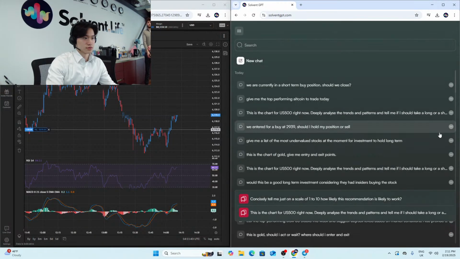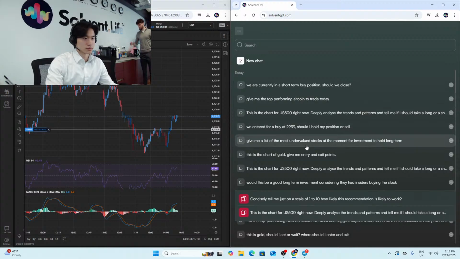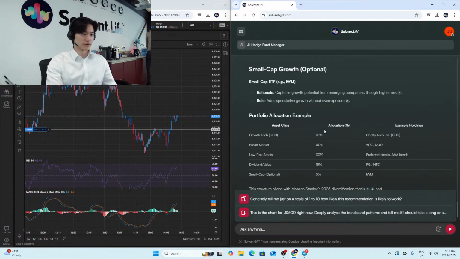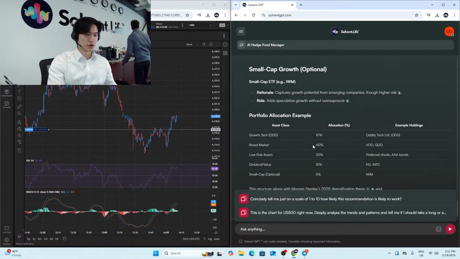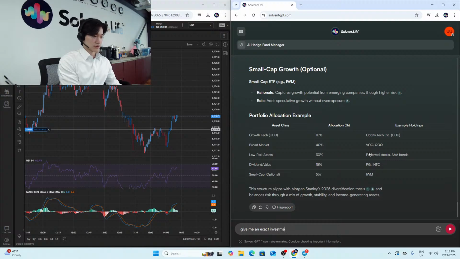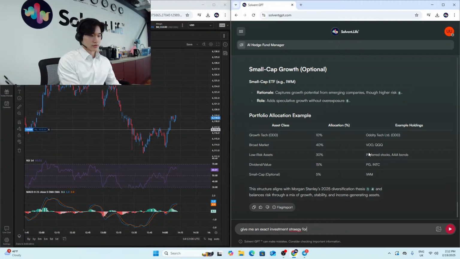But I'm going to circle back around to where we asked the GPT for undervalued stocks. And this portfolio that it gave us, with an allocation of a majority in the broad market, we're going to ask it, give me an exact investment strategy for this portfolio for this year.